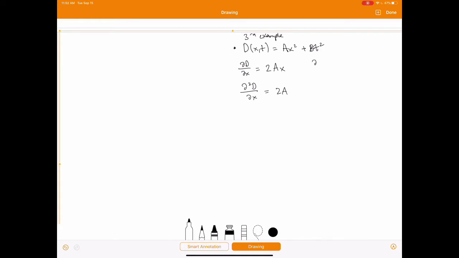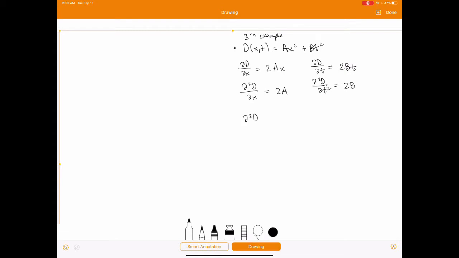If I take the first derivative with respect to time, that means x is a constant now, and I'm only focusing on the second term. I'll get 2bt. And if I take another derivative, I'll just get 2b. Okay, so if we look at these two, does it follow the wave equation?